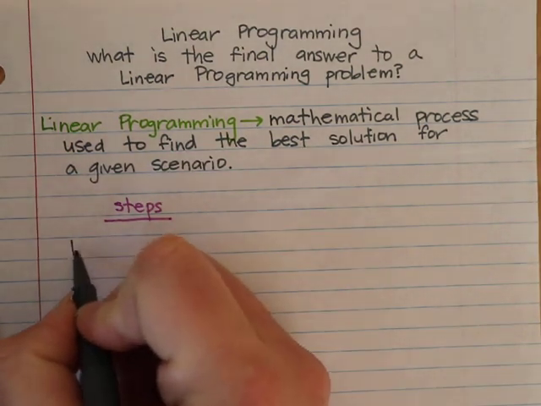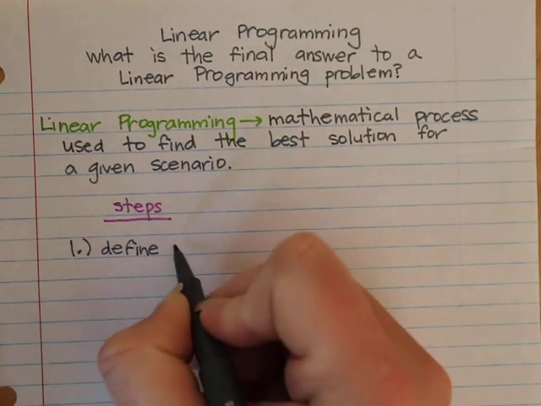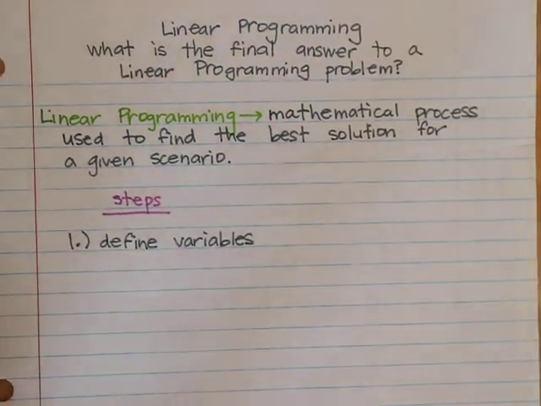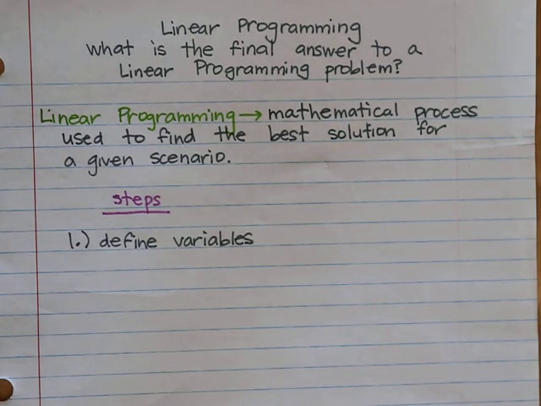First step, we're always going to define our variables. We are going to use Desmos to draw our graphs for us, and Desmos can only do X and Y. So when we're making a problem, even if we're talking about cars and buses, we still have to live in the world of X and Y in order to transfer our math to the computer.